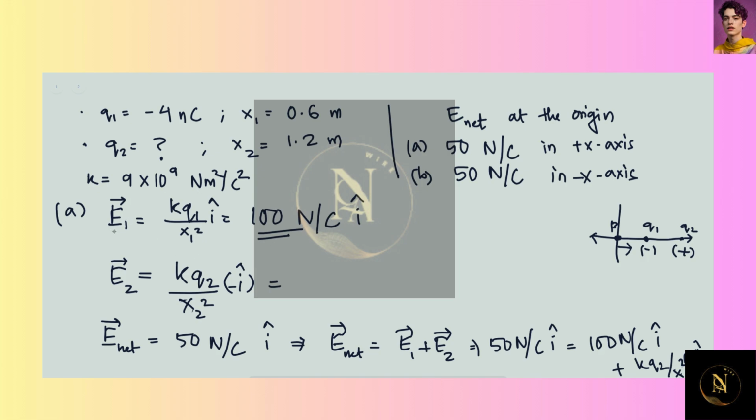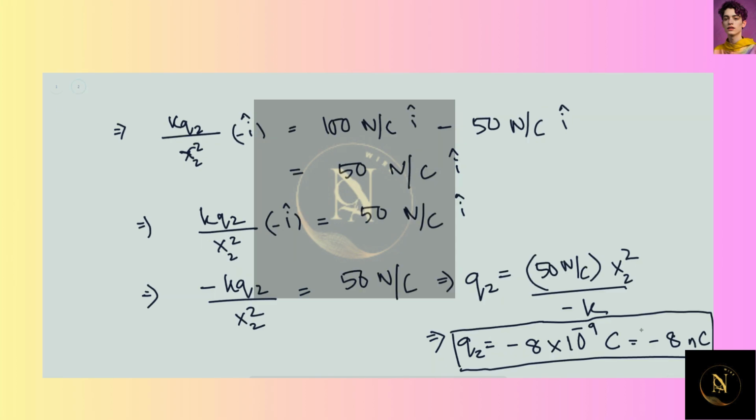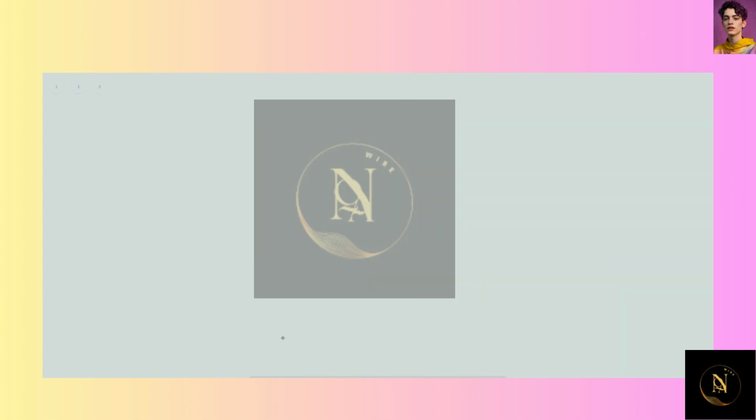Since E net is smaller than E1, therefore E2 has to be negative in order to satisfy that. And this means that E2 has to be in the opposite direction, or in the negative i cap direction, and this is only possible if Q2 is negative. So that's what we got, and so that's the first part.